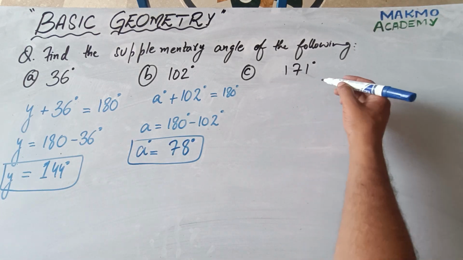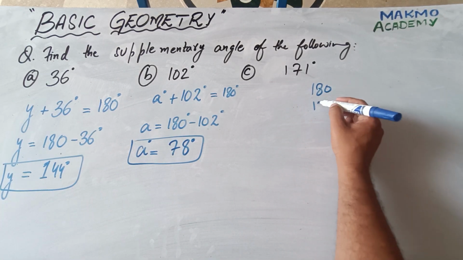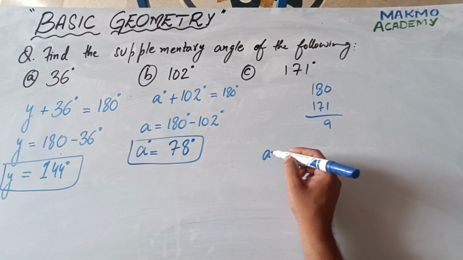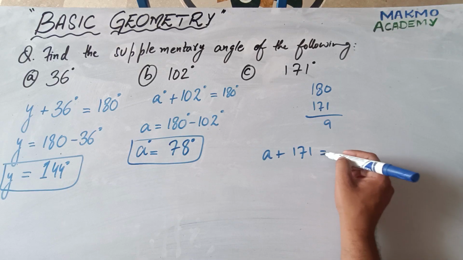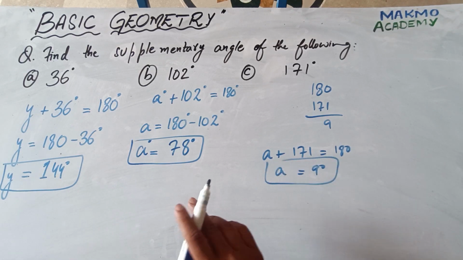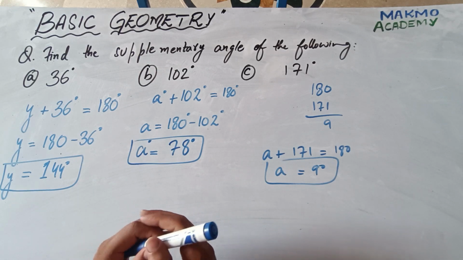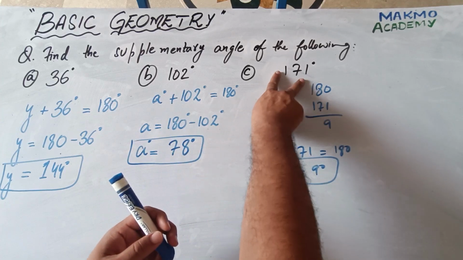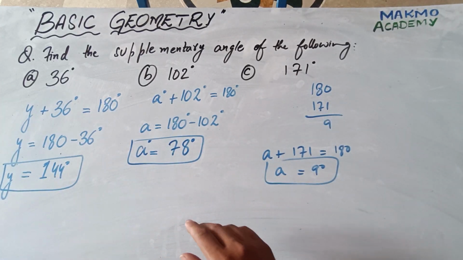You will subtract this from 180, so you will get the answer, which is equal to 9 degrees. So A plus 171 is equal to 180, and then A is equal to 9 degrees. You can show the proper working, and you can do the mental working as well. Directly subtract this from 180, you will get the answer.